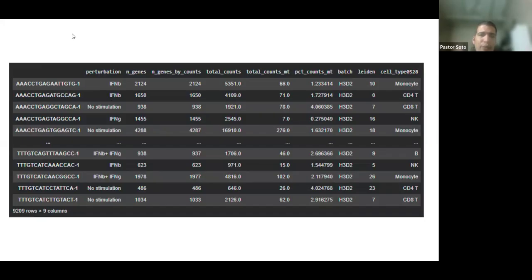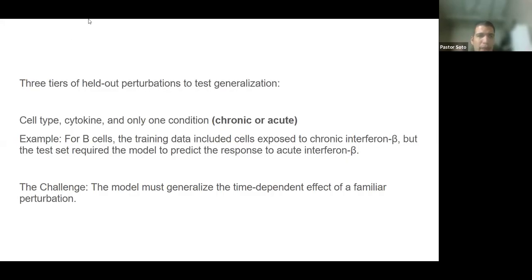So they test different combinations of these perturbations for the fine tuning, and they use different levels of perturbations by holding out some specific conditions to evaluate the generalization ability of the model.